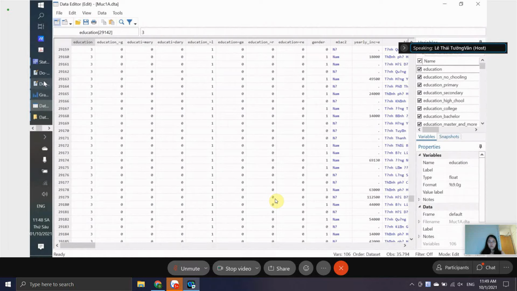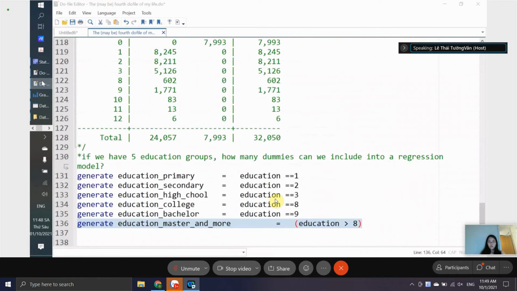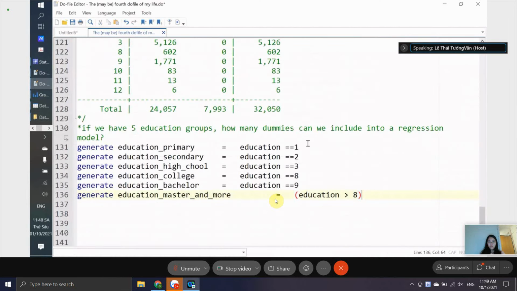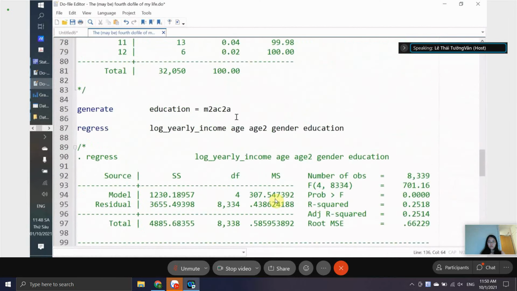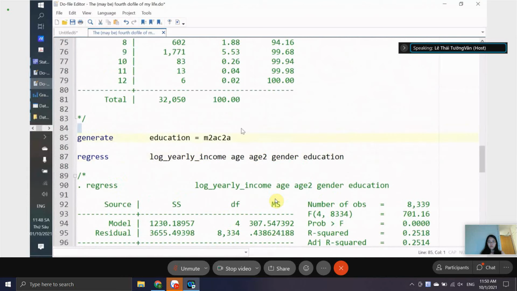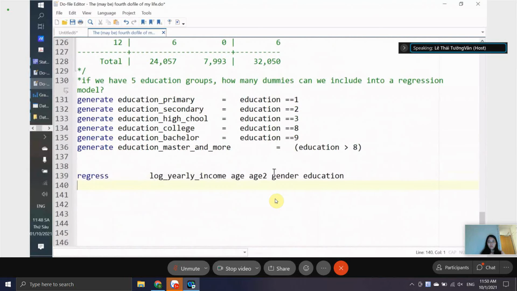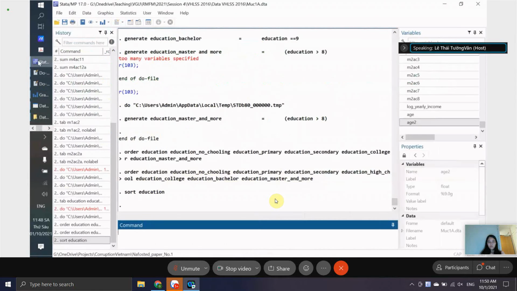Okay. Now, this is the question for you again, Thanh Thủy, and this is why I said. So how, if I run the regression, now I want to improve on my regression model here, right? For sure, I want to improve on my regression model here, and I want to run, instead of including education, now I will include the dummies, right?